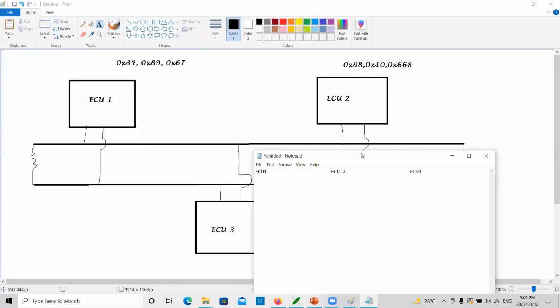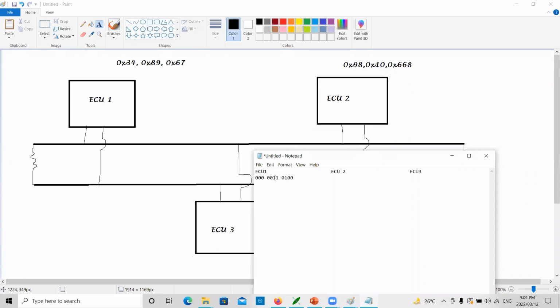I changed it to 11 bits because the standard CAN used to have an 11-bit identifier. Is it correct? I say this as 34.